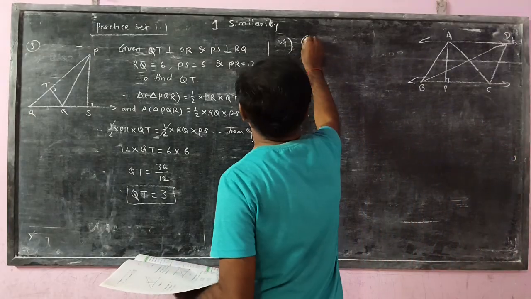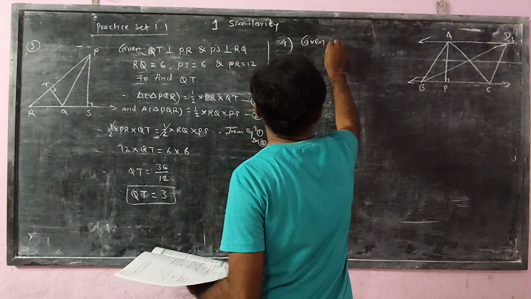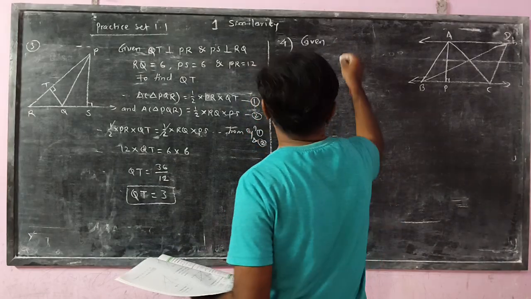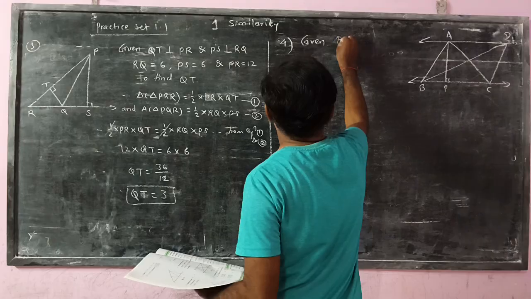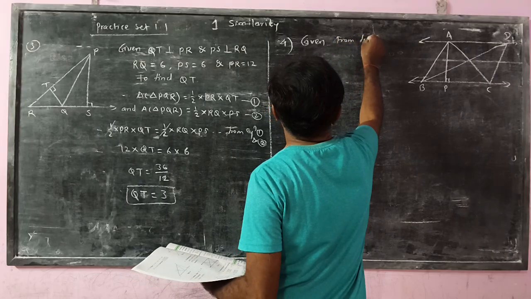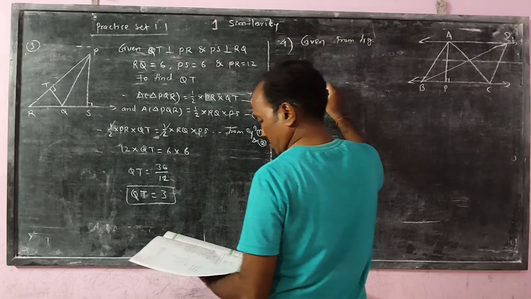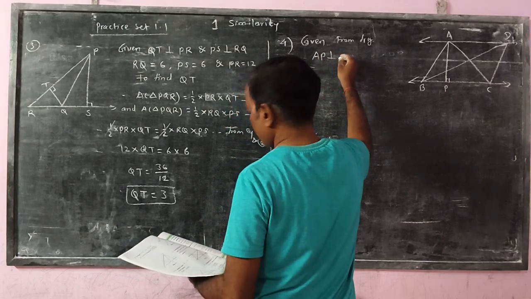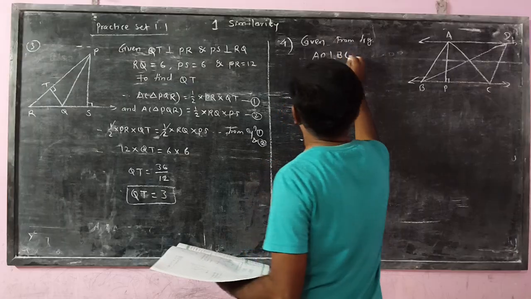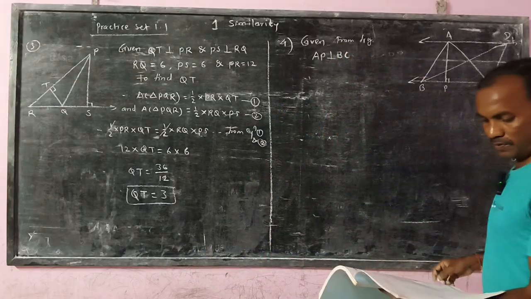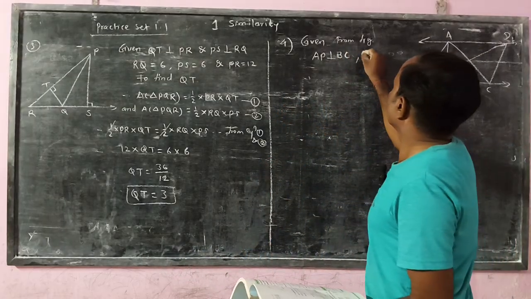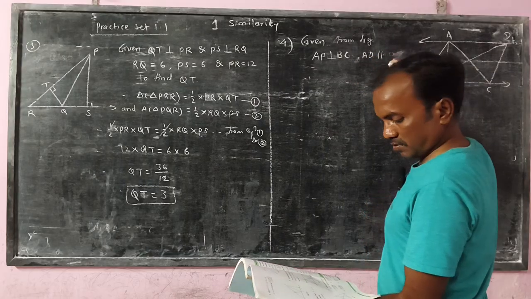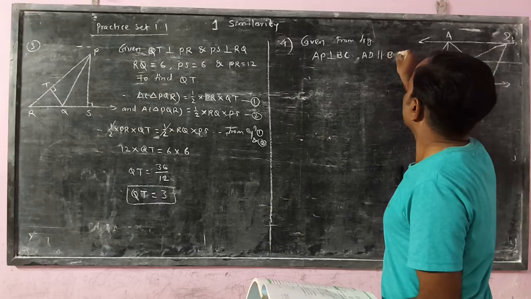Given from the figure is that AP is perpendicular to BC, AD is parallel to BC.